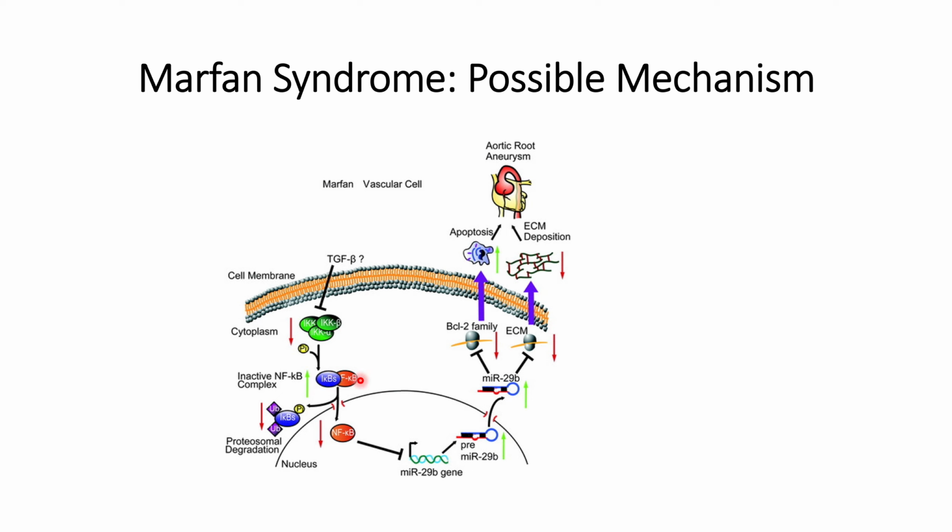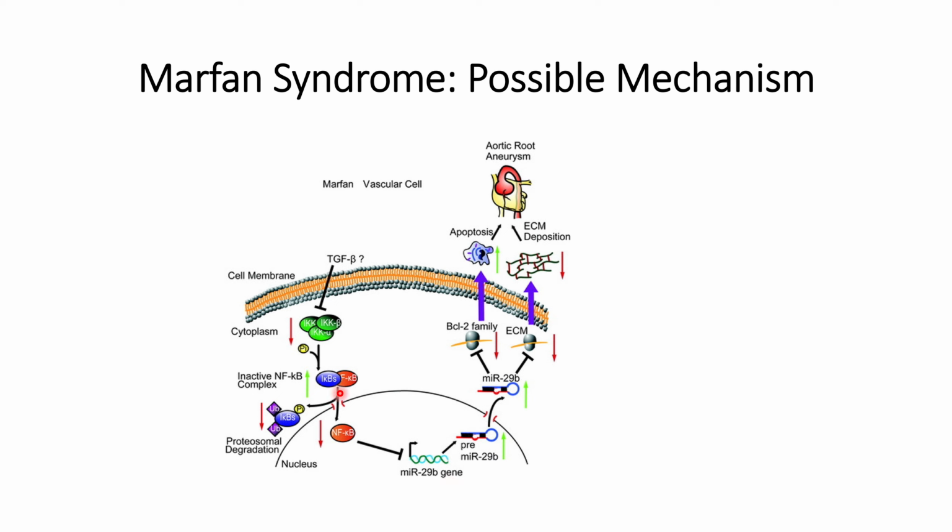When they are in a complex, because nuclear factor kappa beta is inactive, it will not be able to do transcriptional regulation of the gene MIR29B.